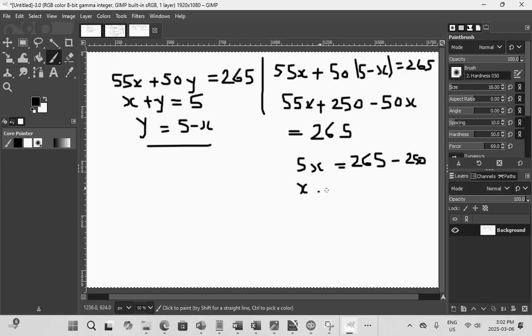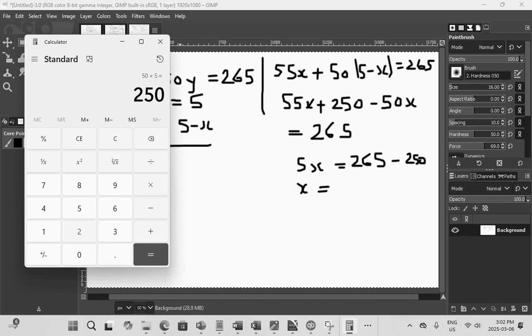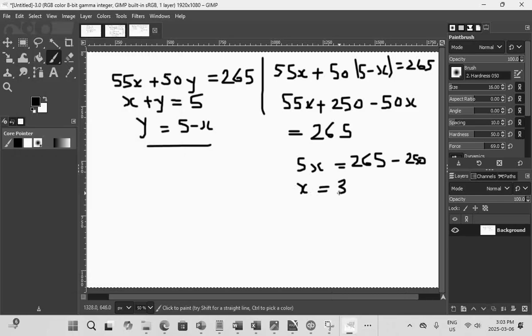So x will be 265 take away 250, divided by 5. This is 3.